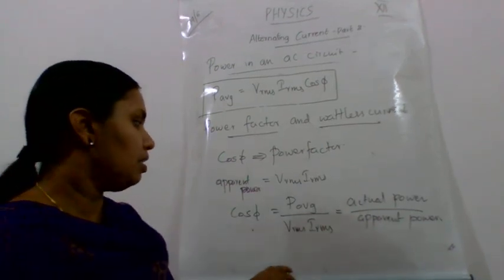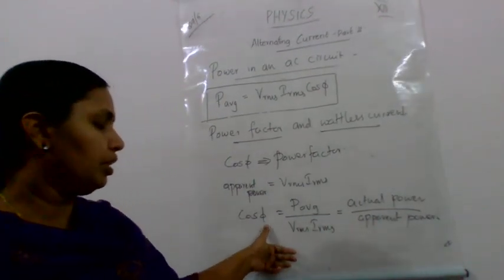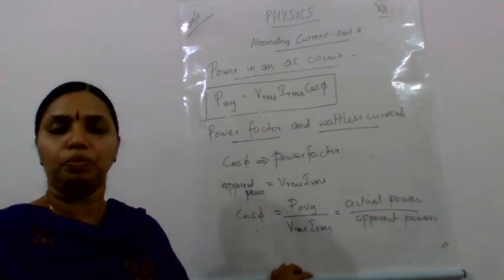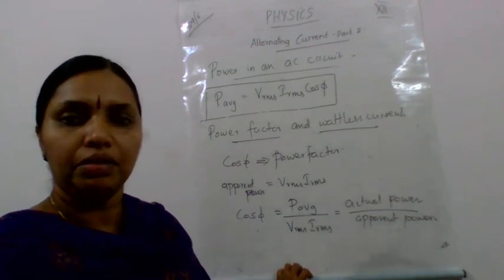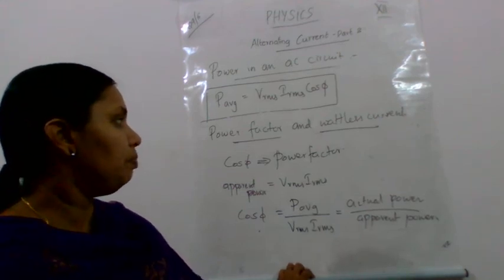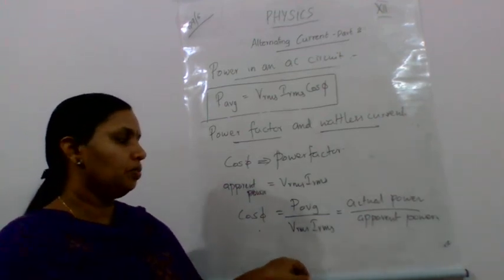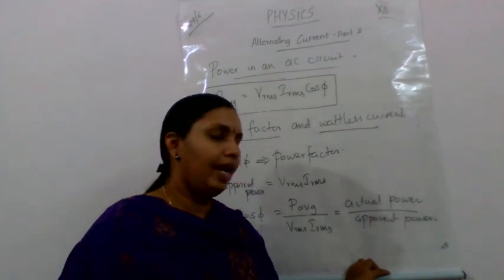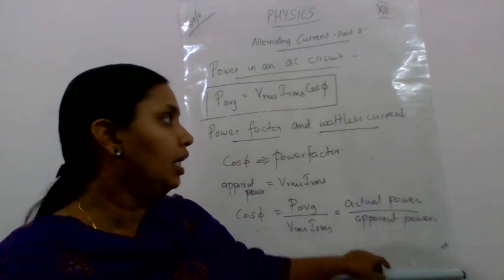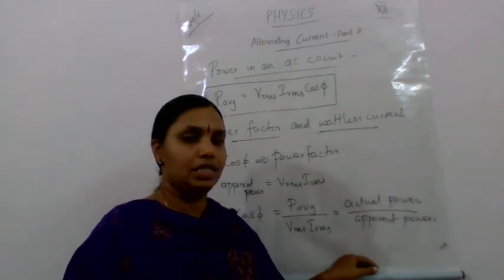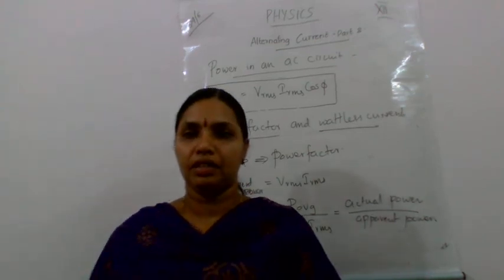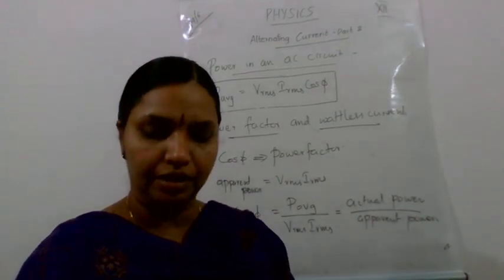According to the value of power factor, there will be maximum power, zero power, or power between 0 and maximum. Next we have to see what is wattless current. So write down the question: Define power factor.